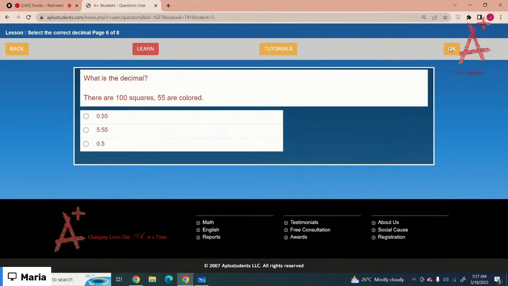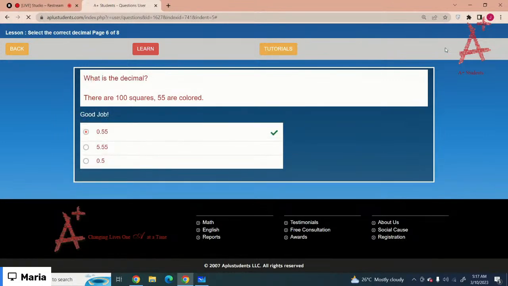That means two digits right after the decimal. So the 55 are colored, it would be 0.55. Very good. Just select the correct option. The correct option is 0.55 and then click on the OK button.